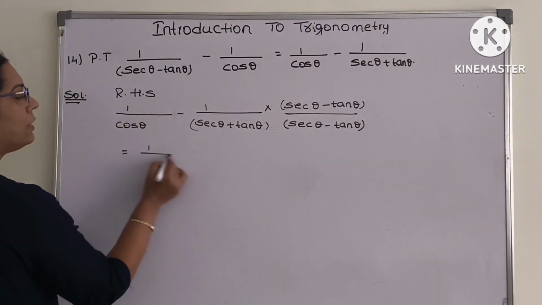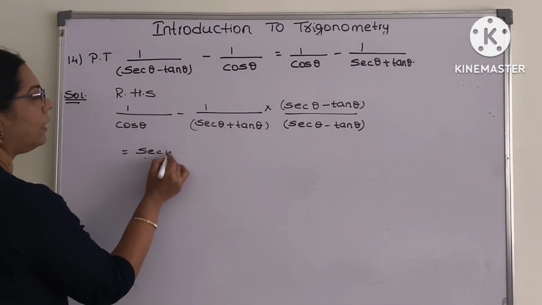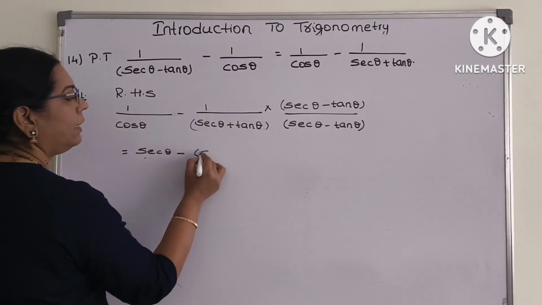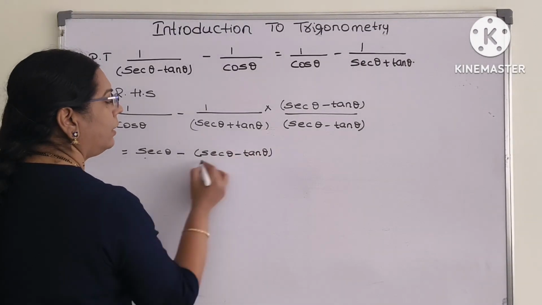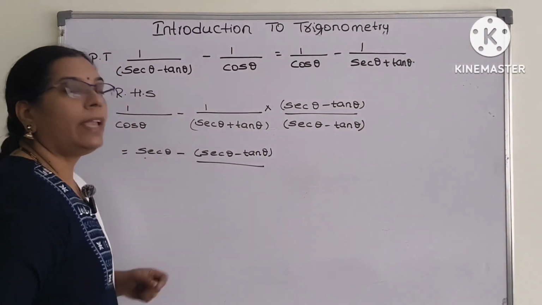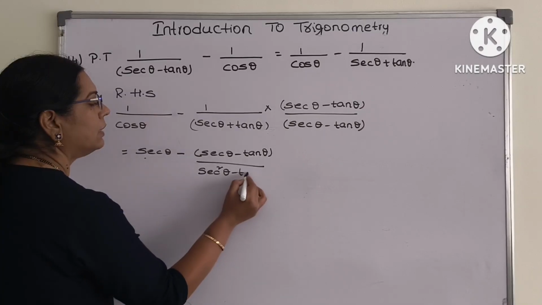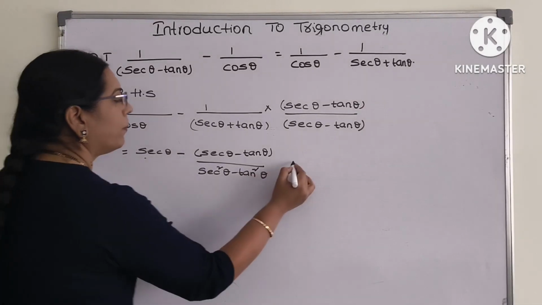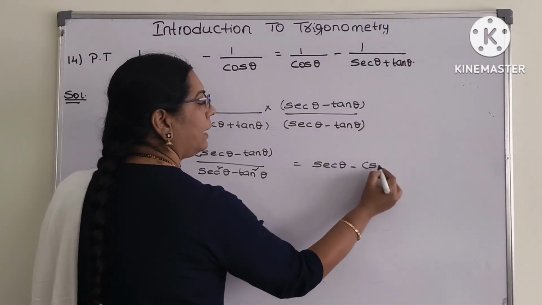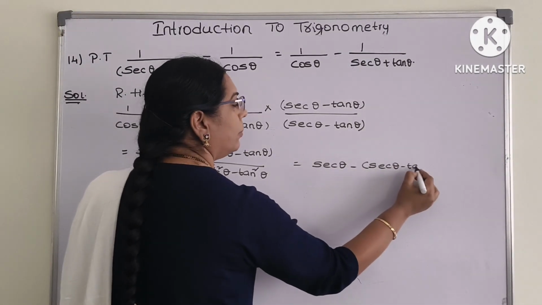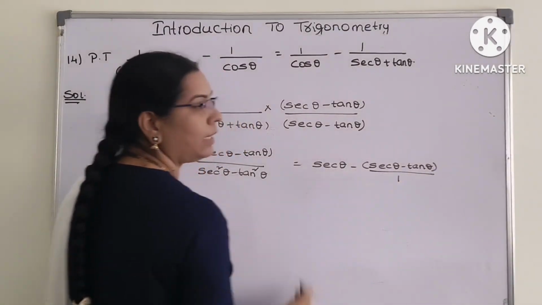So this can be written as 1 by cos. What is 1 by cos? 1 by cos is secant theta, minus secant theta minus tan theta, and the denominator is of the form a square minus b square. So it will be secant square theta minus tan square theta, which is 1.